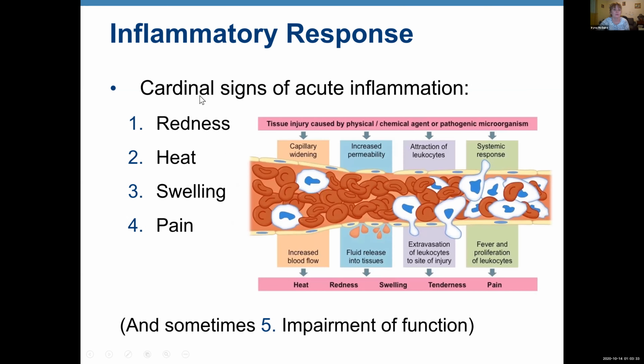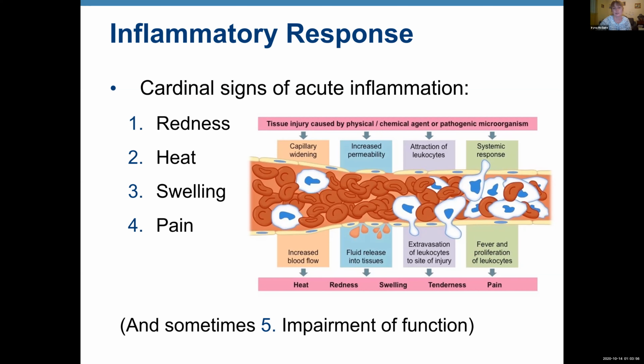Now, the cardinal signs of acute inflammation include redness, heat, swelling, pain, and sometimes impairment of function. Now, what happens when your tissue becomes damaged? It can be different types of damage.